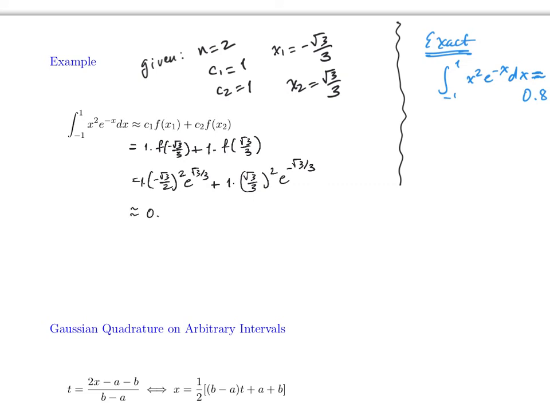And I believe this is 0.78089869, which you can see is not as close, but this was just n equal to 2, and it was very simplistic to get this answer. You should check that if you use n equal to 3, which you already have the values for from the table, it will give you a more precise calculation.